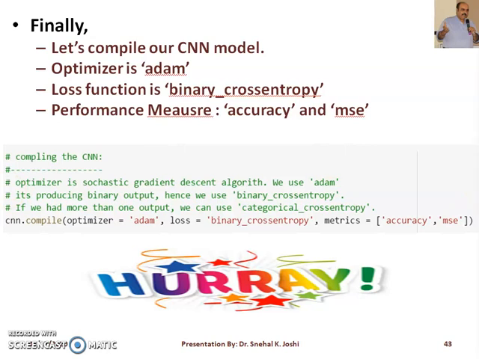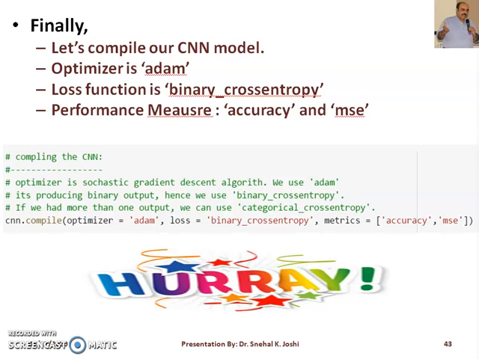Now our CNN is compiled and ready to train. Using the compile function, we compiled it. We pass the optimizer Adam, and our loss function is binary cross entropy. There are different loss functions that you can use, which is part of your backpropagation.